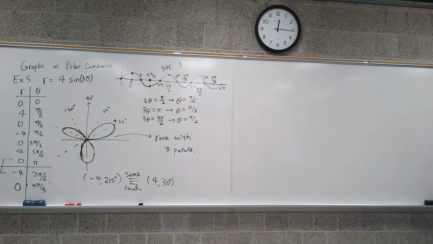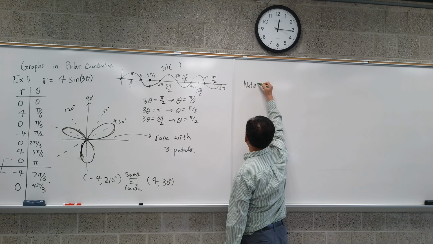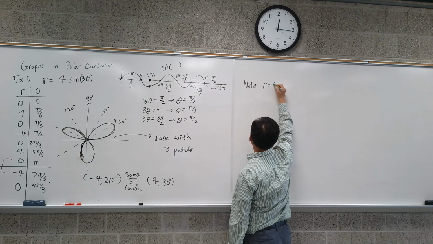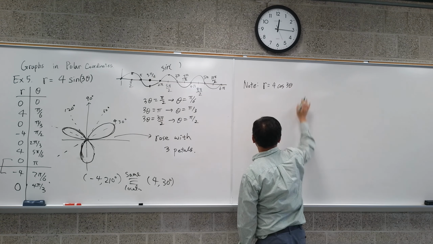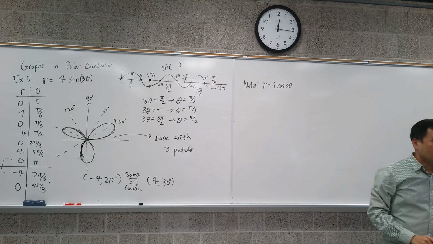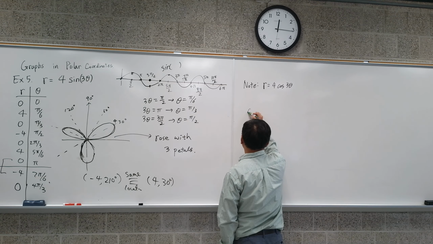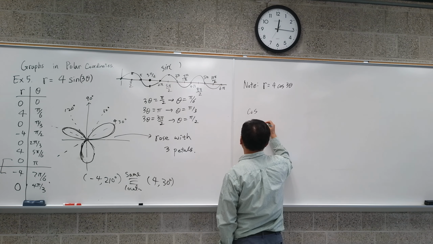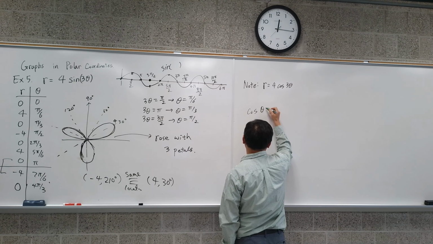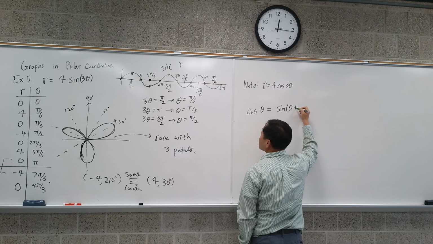Now, if you have r equals to 4 cosine 3 theta, well, there's an identity between cosine theta and sine theta, which is that cosine theta is same as sine of theta plus pi over 2.